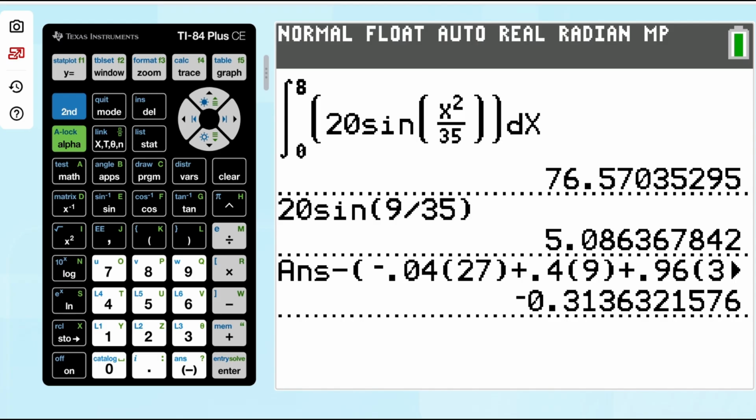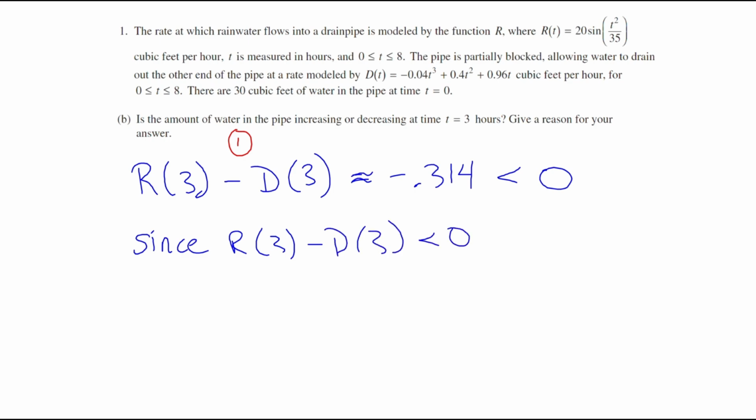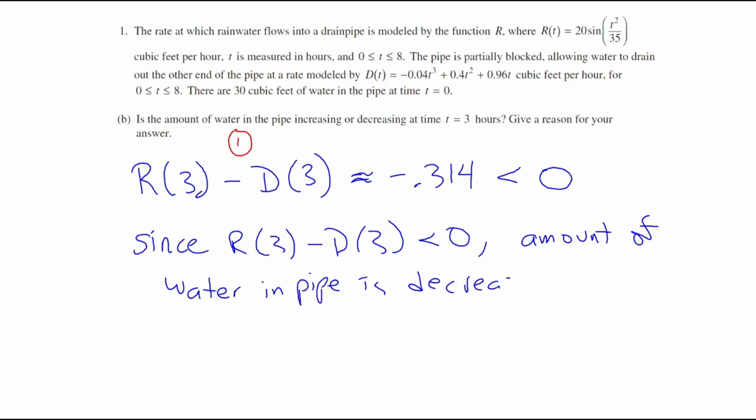And we end up getting this value of negative 0.31. We'll round to negative 0.314. We'll say approximately equal to negative 0.314. We'll say that's less than 0. So, since r of 3 minus d of 3 is less than 0, the amount of water in the pipe is decreasing.